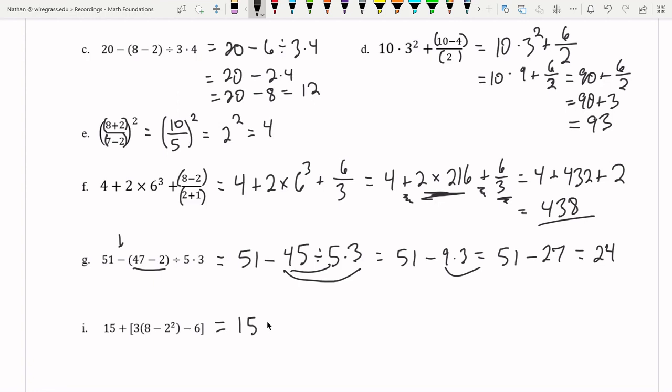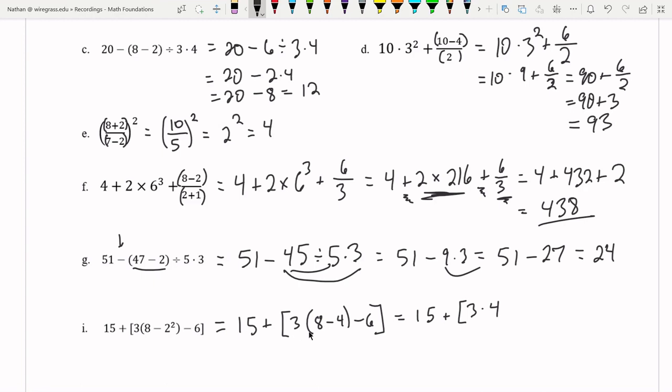So I'm going to get 3 times 8 minus 4. 2 squared is 4. 8 minus 4 needs to be done next. That's going to give you 4.